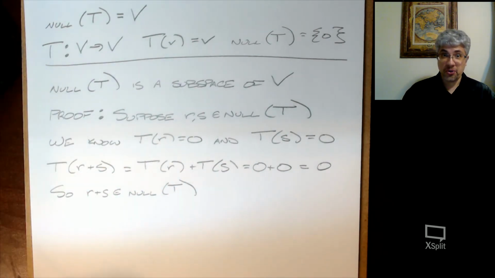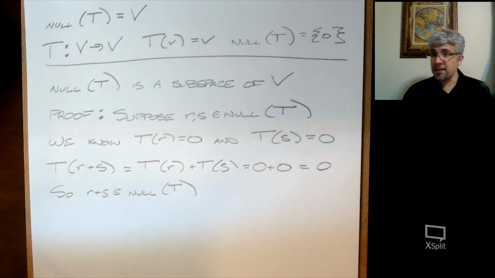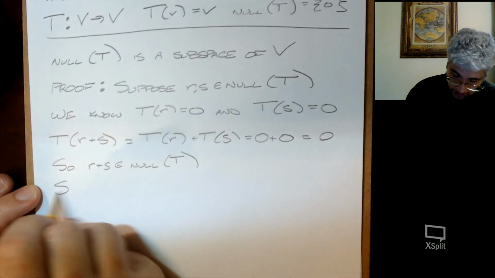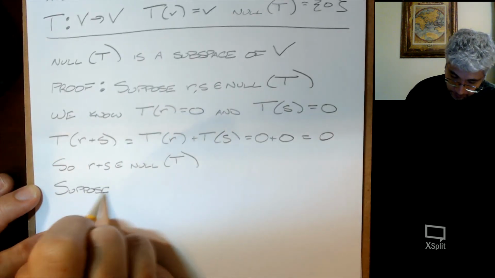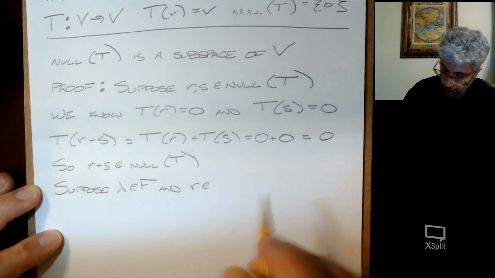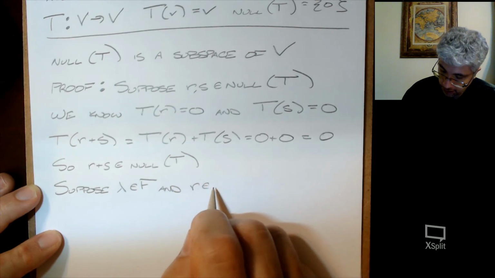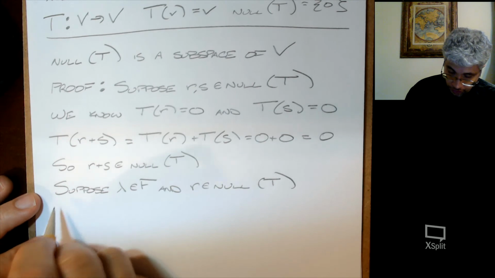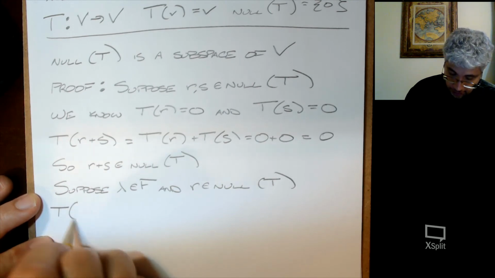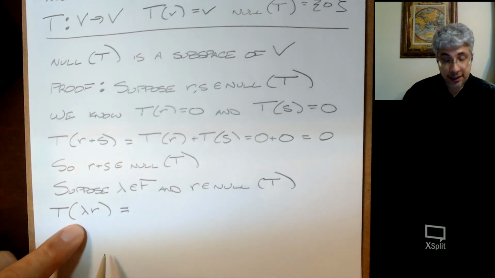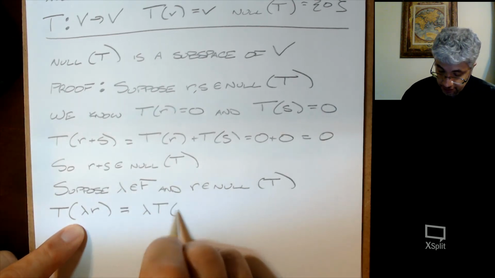Now we have to show scalars. That is, if I have something in the null space, lambda times that vector is also in the null space. So let's do that. Now let's suppose lambda is in the field and r is in the null space. So what do I know? Well, I know that T of lambda r, well, T is linear, so I'm using the linearity of T, equals lambda times T of r.